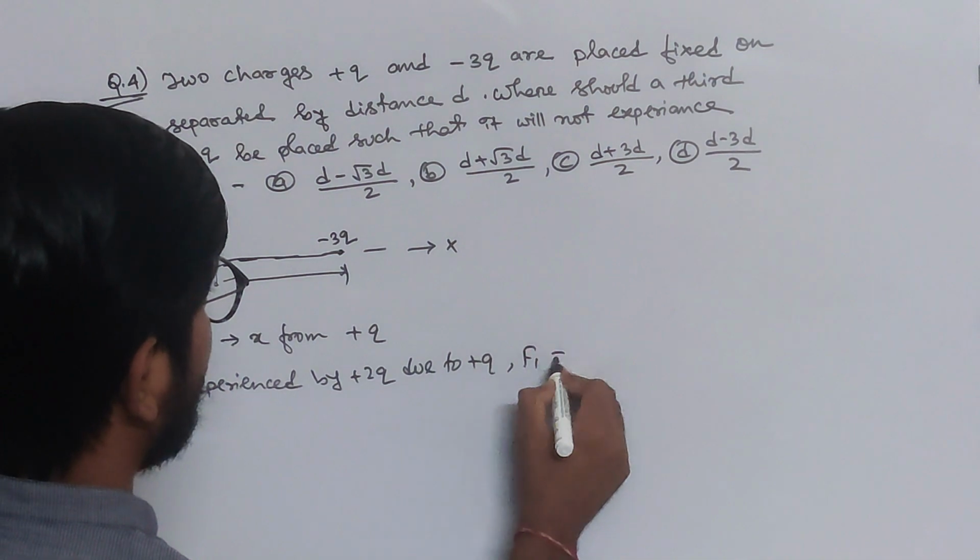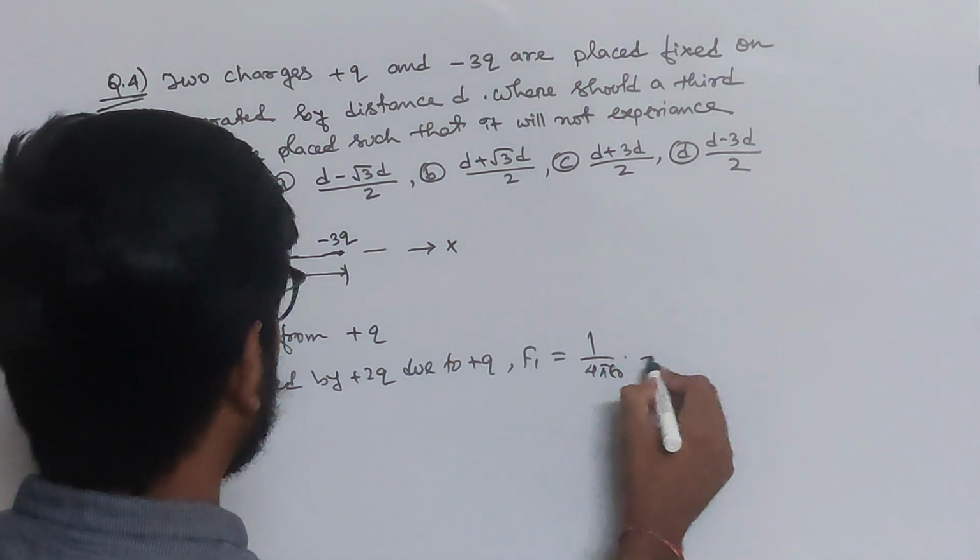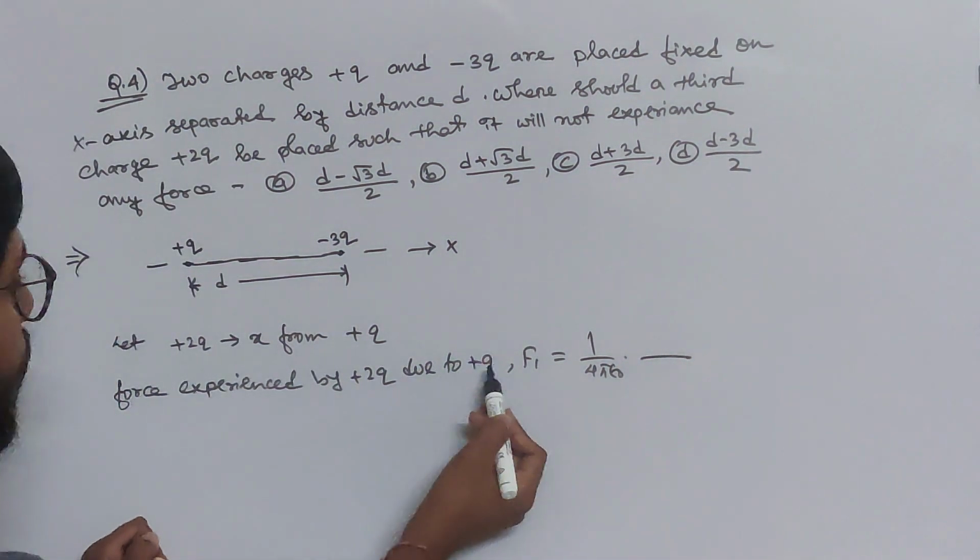Let's say this is f1, then it will be nothing but 1 by 4 pi epsilon naught, 2q square by x square, where we have assumed the distance x from plus q.